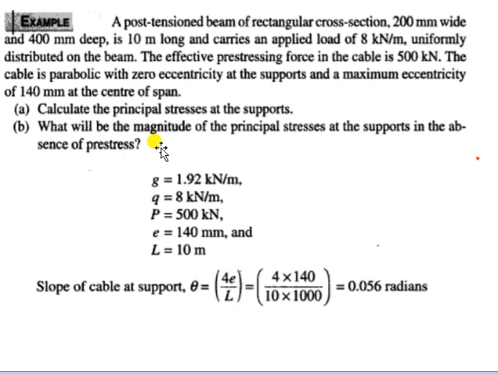Before that, we know the equation to calculate f minimum and f maximum. That is, we know the formula to calculate maximum principal stress and minimum principal stress. So in that formula, what data do we need? We need f of x, we need f of y, and we need tau. Here f of y is not given.